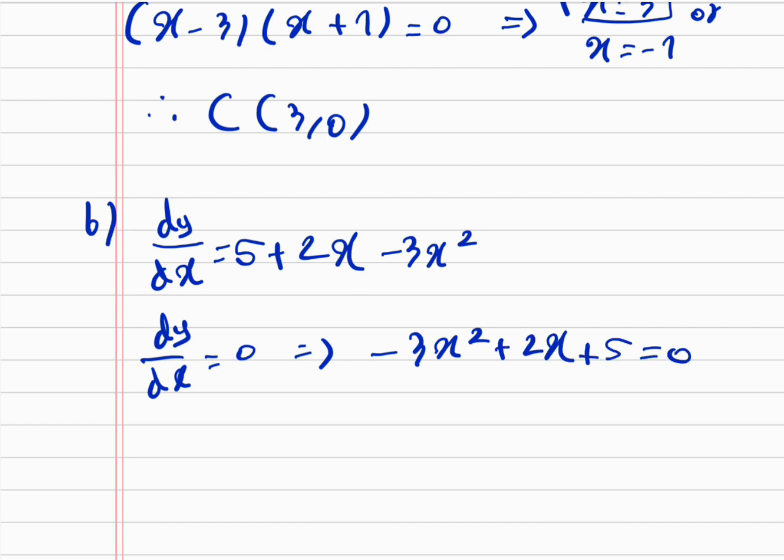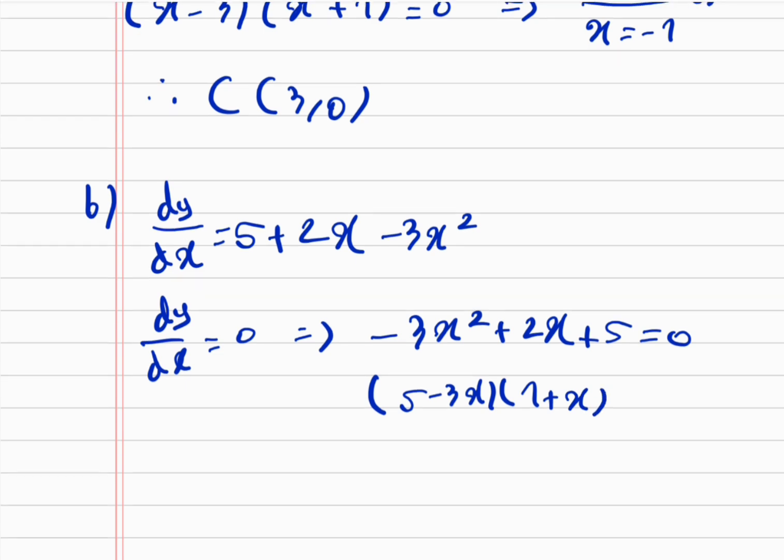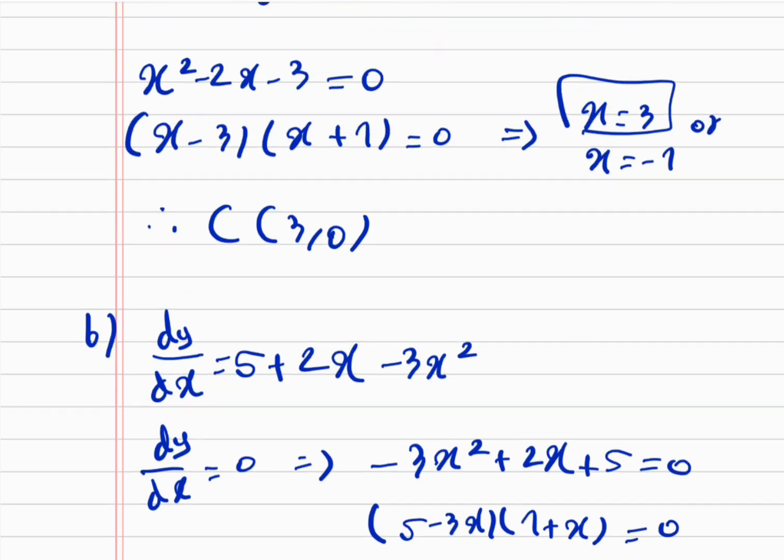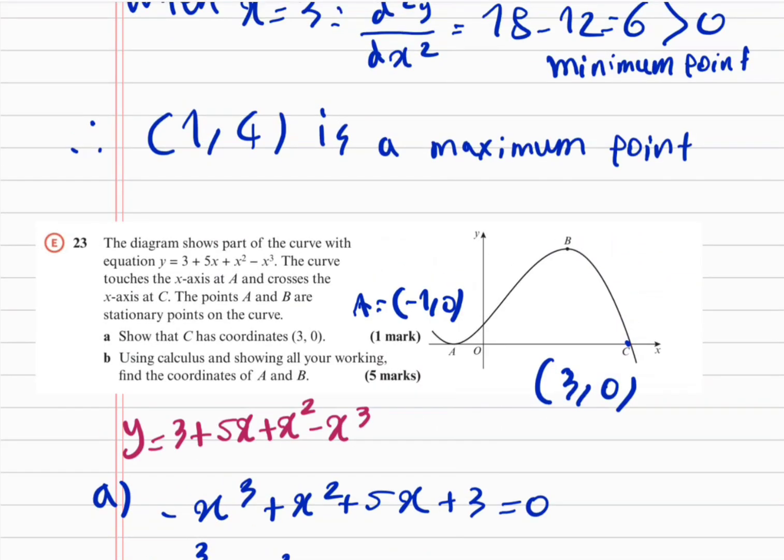Again, we just need to solve this equation, and we can factorize this once again. The factorization is (5 minus 3x)(1 plus x) this time. So the solutions are either -1 or 5/3. We have already talked about -1, which is for this point.